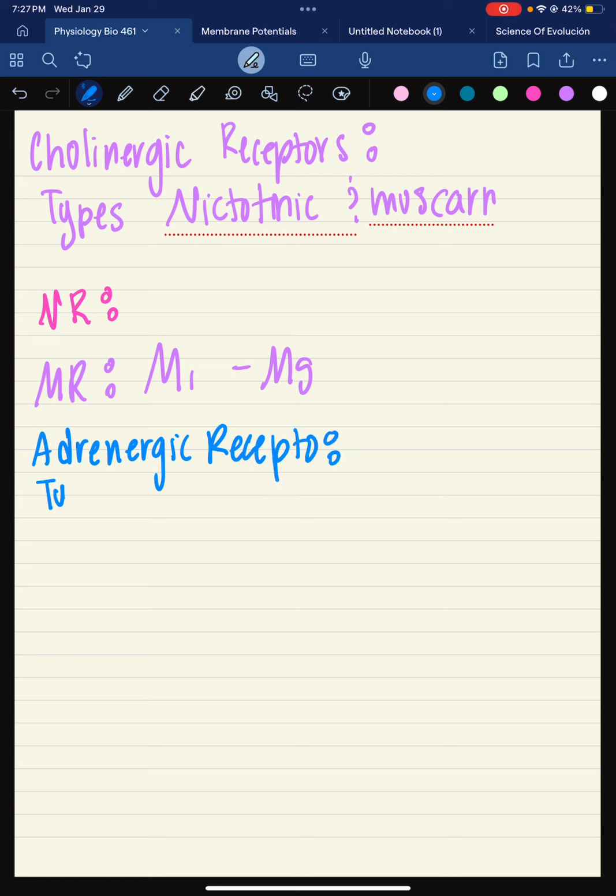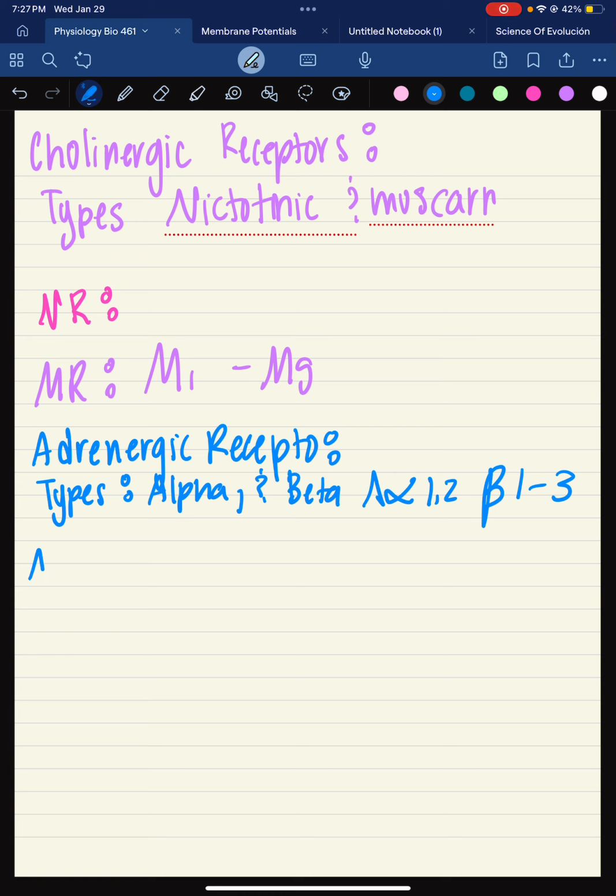So types, we have alpha and beta: alpha 1, 2, and then beta 1 to 3. Alpha 1 causes muscles to contract.